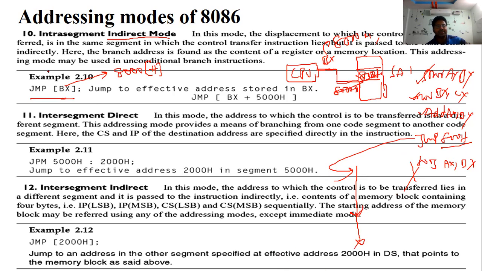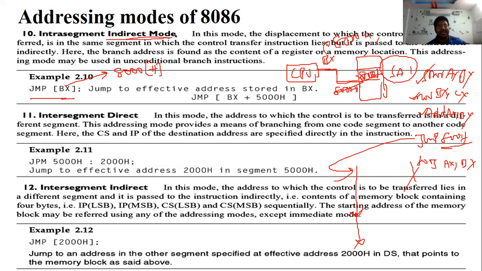So intra segment means it jumps to that memory location, but within the same segment. Suppose 8000h is available in segment one only. If that value were in segment 2, that would be the inter segment case. So intra means within the same segment. This is intra segment indirect.